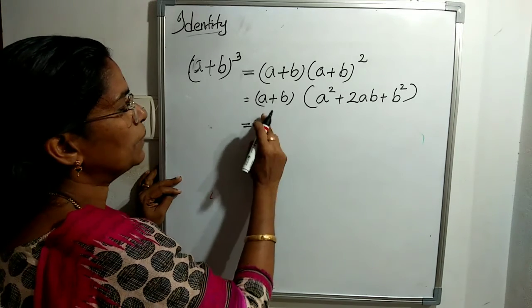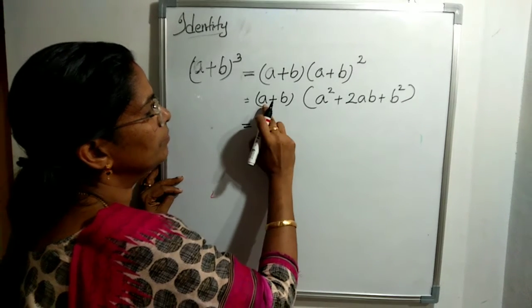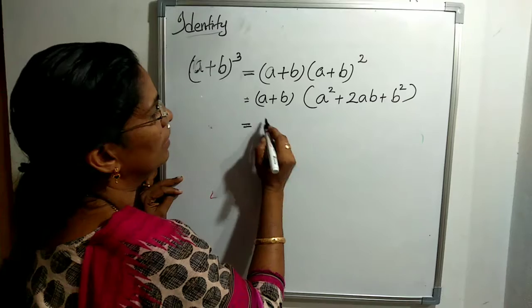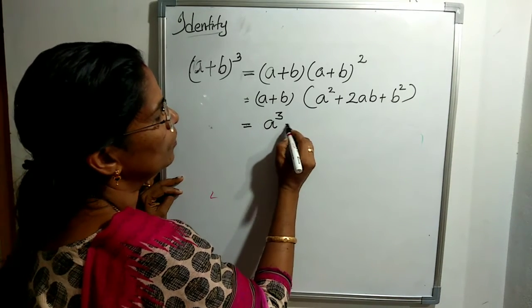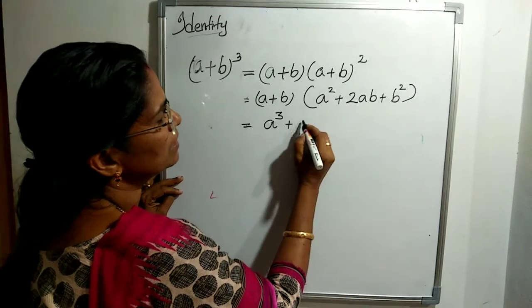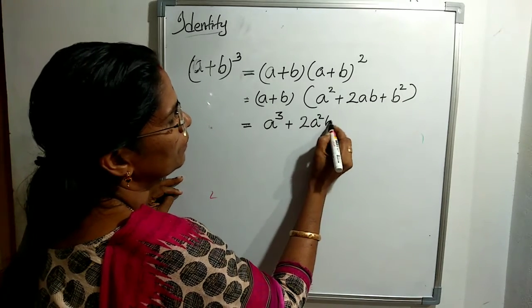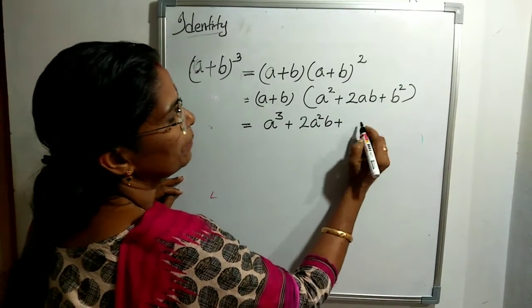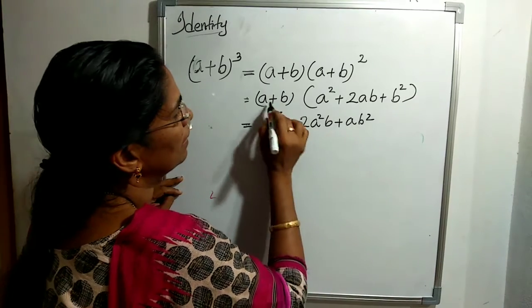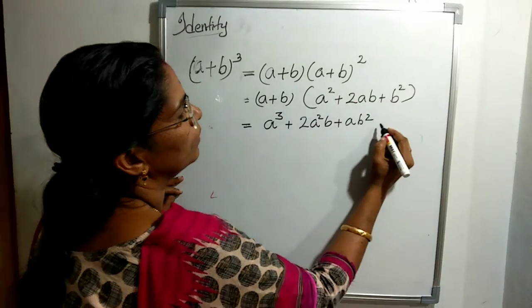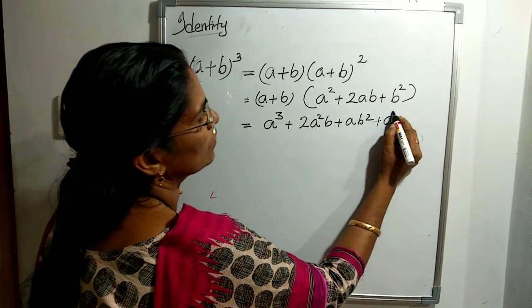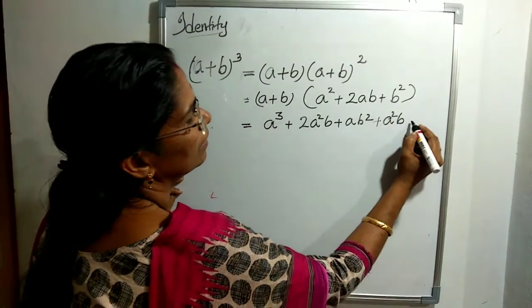Now multiply each term of this with a. A into a square is a cube, plus a into 2ab is 2a square b, plus ab square. Multiply like this, each term with a and then with b.